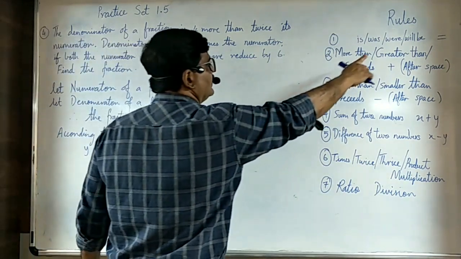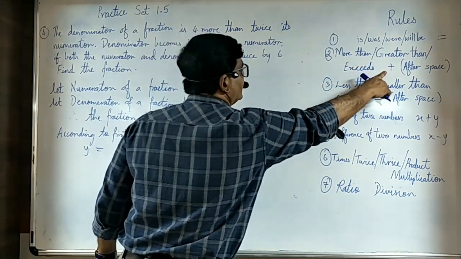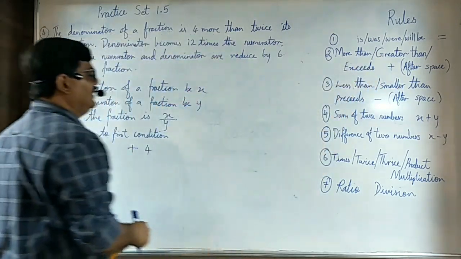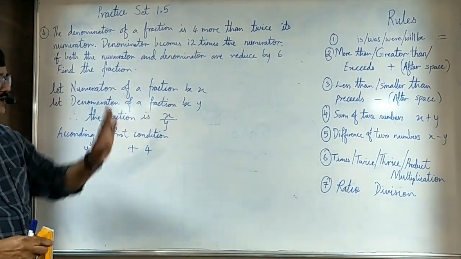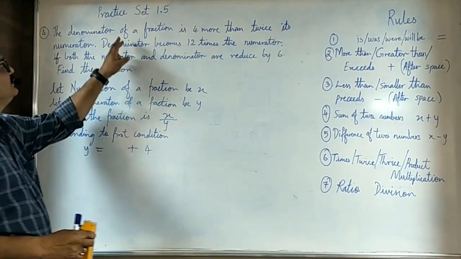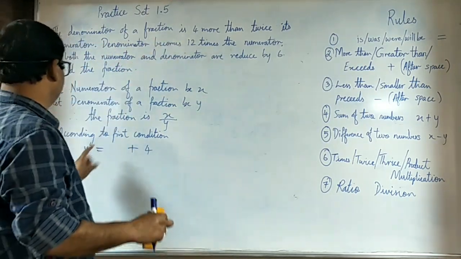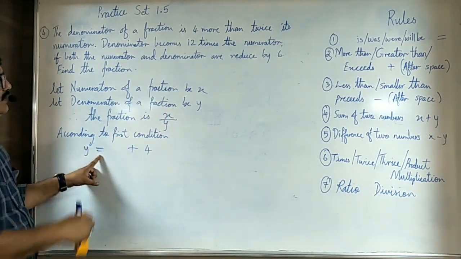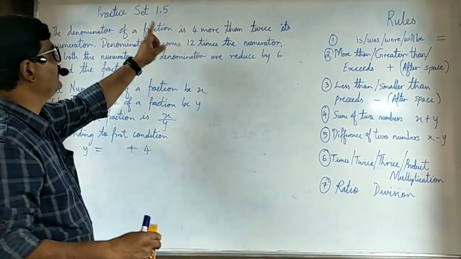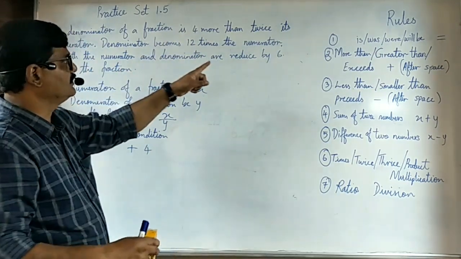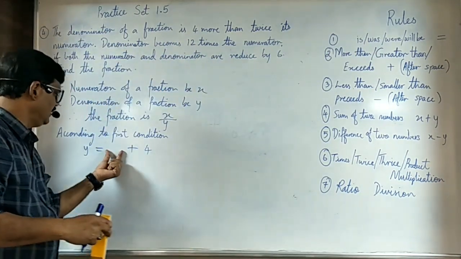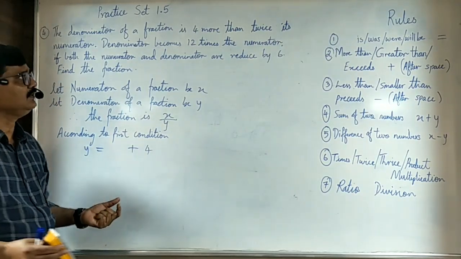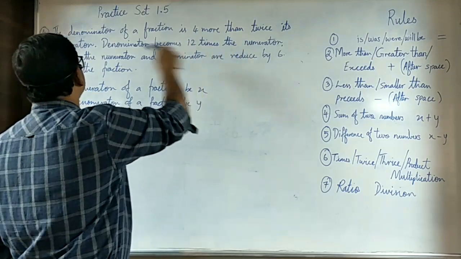Here it is written more than, greater than, exceed, and that means a plus sign, written right after a space. So the denominator of the fraction y is equal to, plus 4.